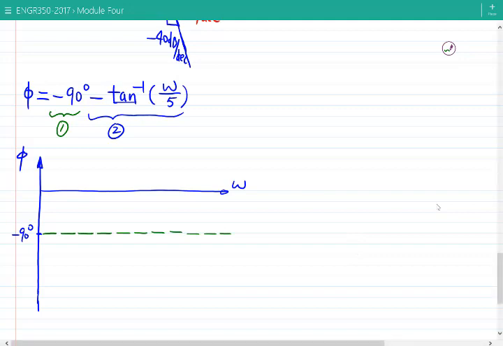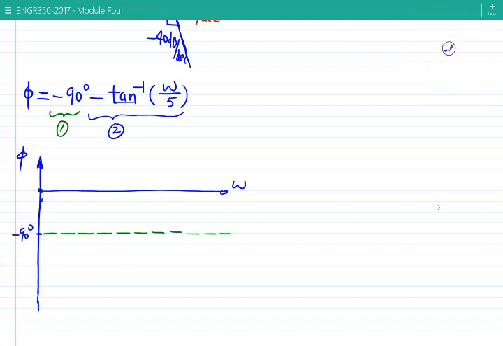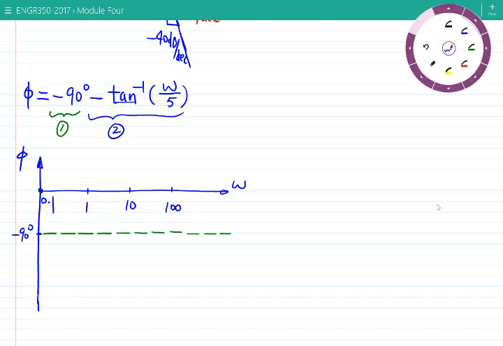If we remember, for the second factor, when omega is equal to 5, let me mark the frequency axis. We go from 0.1 to 1 to 10 to 100, and when frequency is equal to 5, let me mark it here.